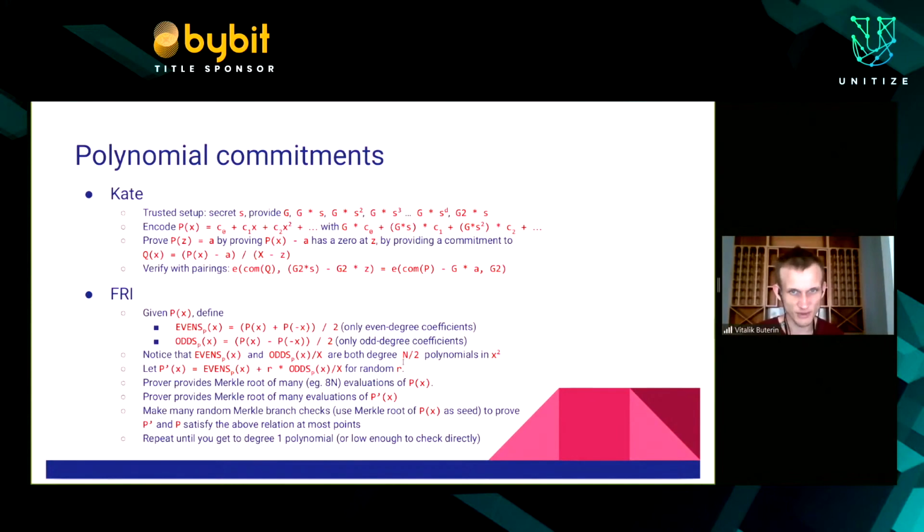These are both degree n over 2 polynomials in X squared. Then you randomly combine them together. If this procedure, where you split P in half and randomly combine the halves, yields degree n over 2, then you know that P(X) almost certainly has degree n. And then you just repeat this procedure recursively.